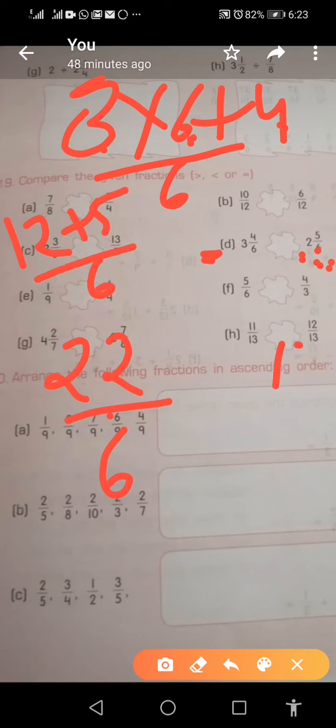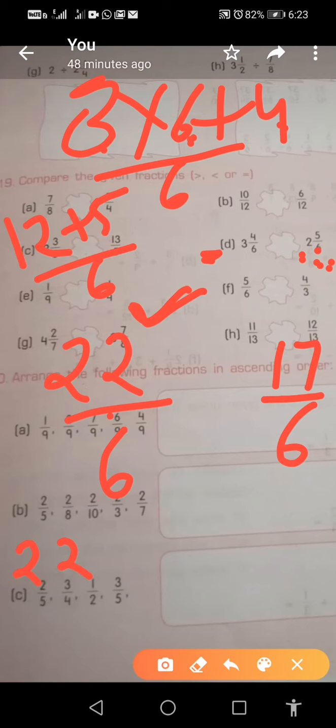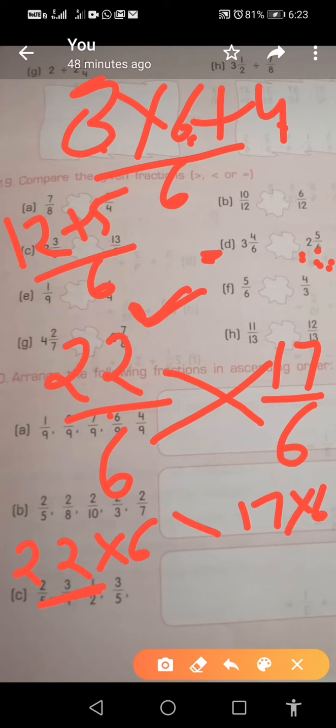Now convert the other: 2 6s are 12, 12 plus 5, 17 by 6. The denominators are the same, so 22 is greater. The other method: 22 into 6, 17 into 6. We know 22 is greater, so the symbol will be greater than.